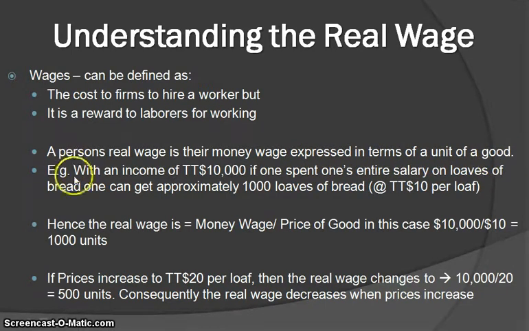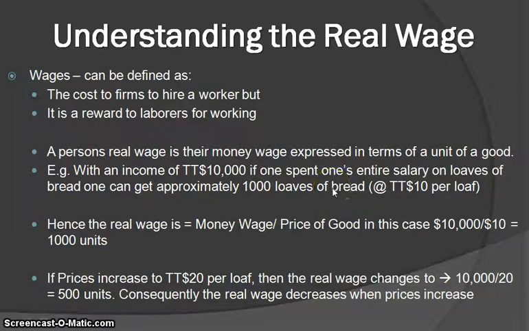For example, if we look at an individual who makes $10,000 and we look at a commodity such as a loaf of bread at $10, we can express this person's income of $10,000 in the units of loaves of bread. And what we will get is 1,000 loaves of bread.